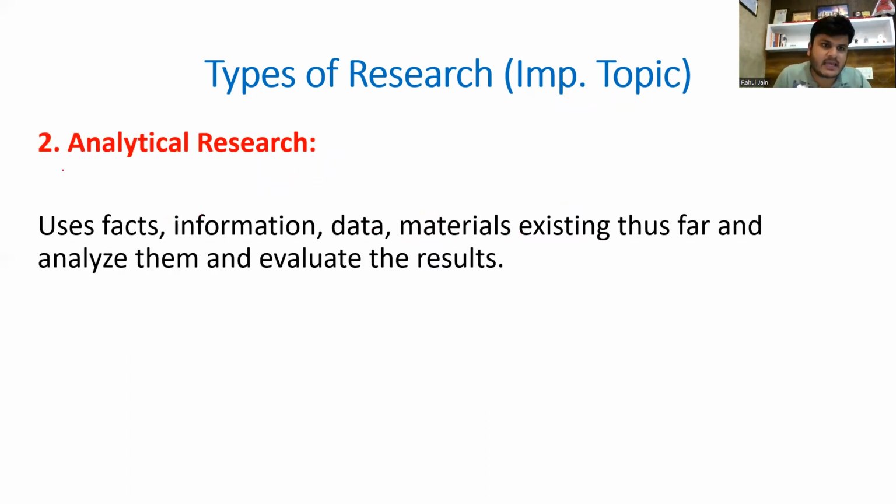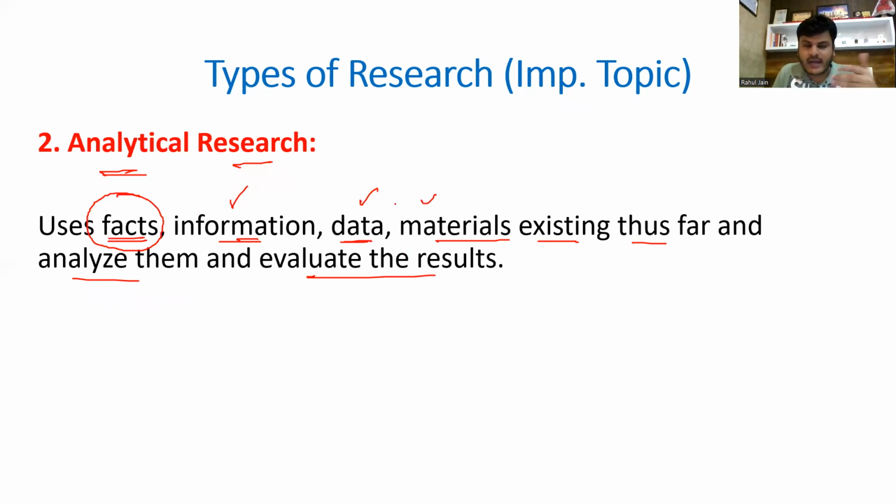The second one is analytical research. Basically, analytical research uses facts, information, data, and materials existing thus far, and analyzes them and evaluates the results. We have to analyze based on the present facts and information.